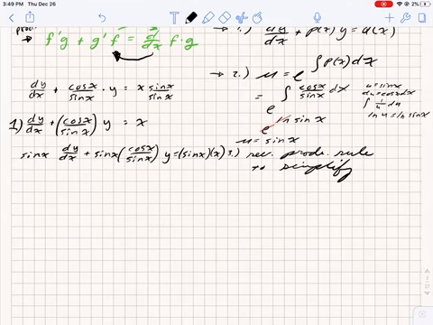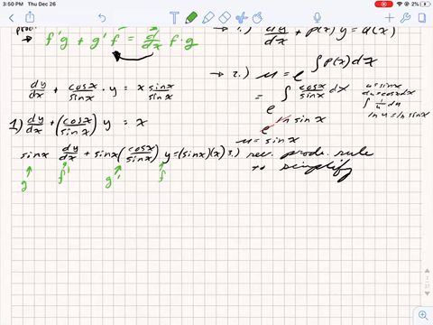This should be f prime, or let's do this in green so you can see where it's coming from. If this is f prime, then this must be f. And if this is f prime, then this must be g. So this whole thing must be g prime.